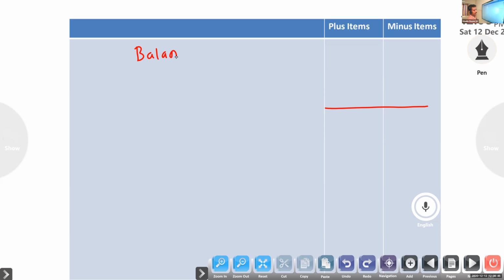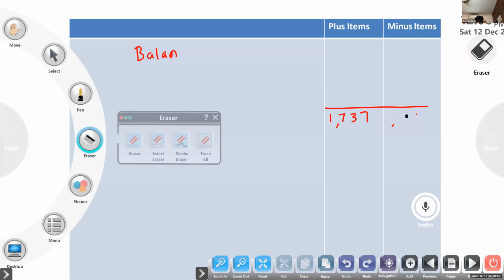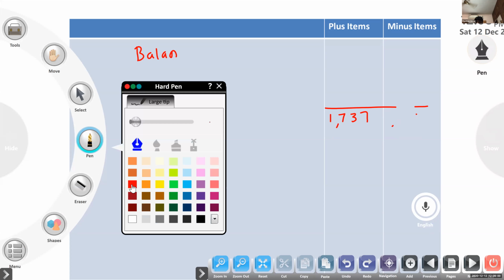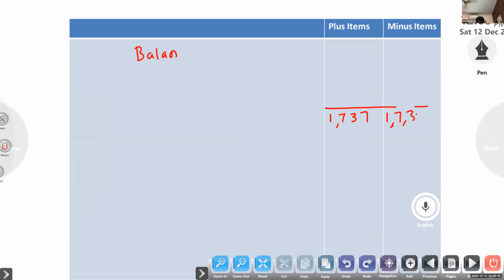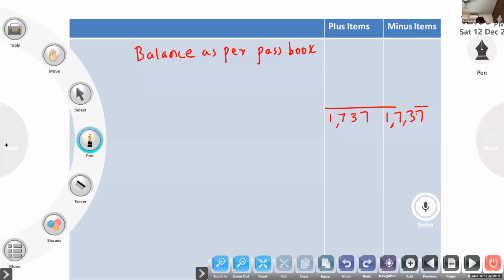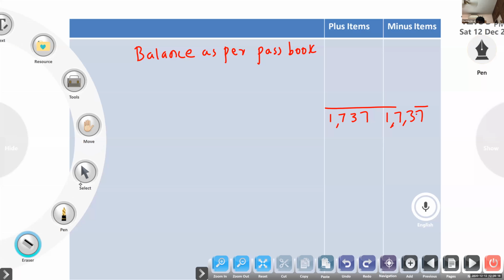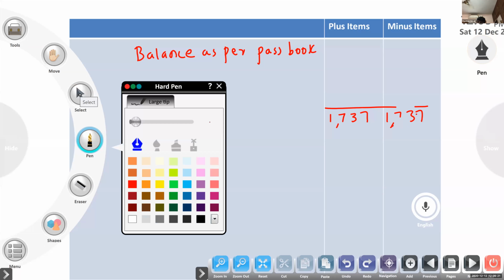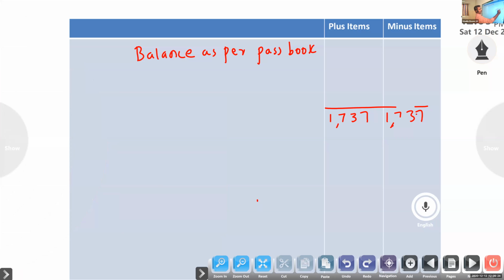Yes. Okay. Balance. So you will get 1503.